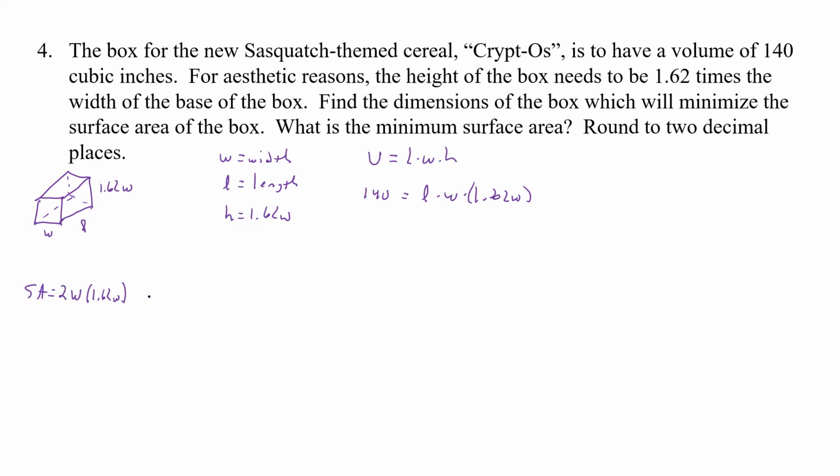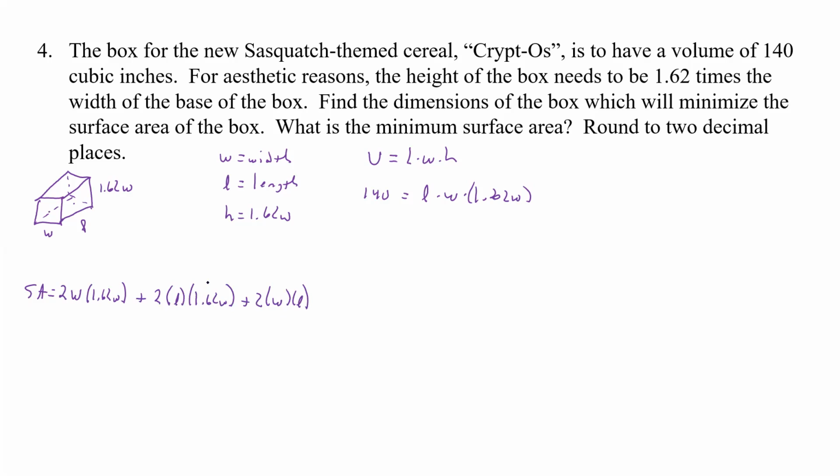Plus 2 times L times 1.62 W. Plus 2 times, well, we've done this side, we've done this side, now we have to do the tops, and so that's going to be width times length. And so now we should have all of our sides.